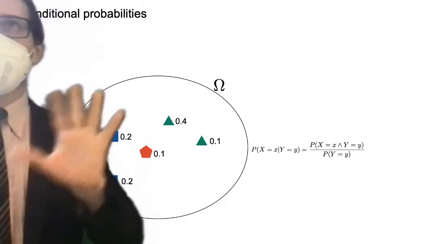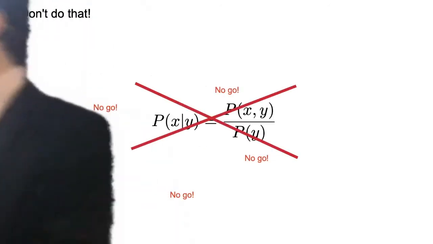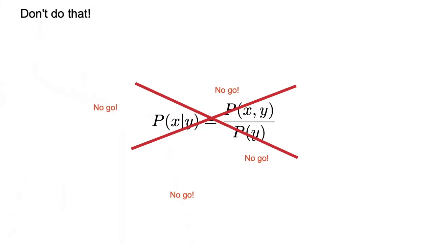Okay, and now yet another one of my big warnings. Do not ever write this. Forbidden. This here is something that is, let's call it, approximate. You kind of know what this is doing: small x is probably random variable big X, and small y is probably random variable big Y. But as soon as you replace x with an actual value and y with an actual value, say, what's the probability of one conditioned on two, you realize that doesn't make any sense.